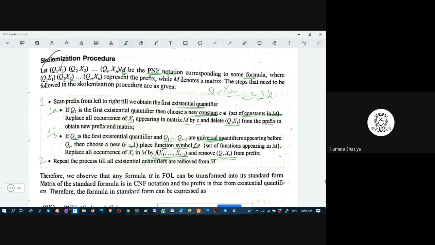So xr has to be replaced in M by this f of 1, 2, 3, and then remove Qr xr. That is the first step. The second step is to repeat the process till all existential quantifiers are removed. The first step has to be repeated until all the existential quantifiers are removed.